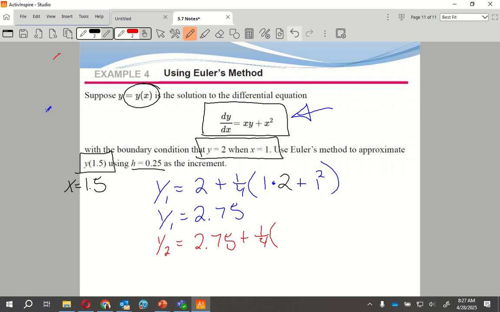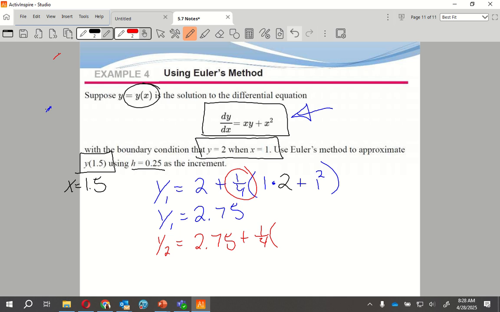What's my new x? I got my new y, but what's my new x? Say it? 1.5. Not there yet. How much did I go up in this previous one? 2. How much did I go up? 1/4. I went up 0.25, right? So that's my increment.